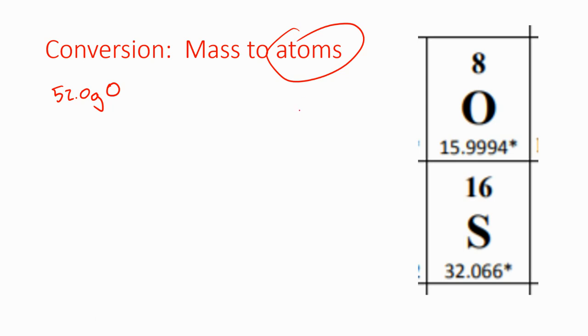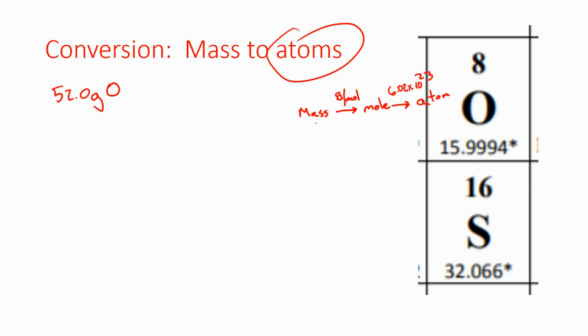atoms. If I want to get from mass to moles, we learned that we would use the molar mass from the periodic table, grams to moles. And we've also learned that if I wanted to go from moles to atoms, we use the number 6.02 times 10 to the 23rd to help us get there.